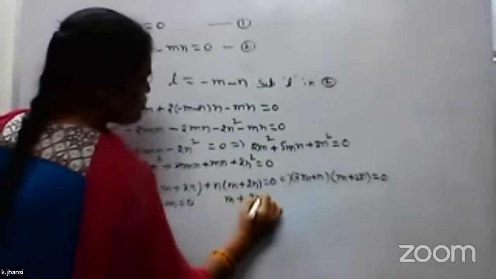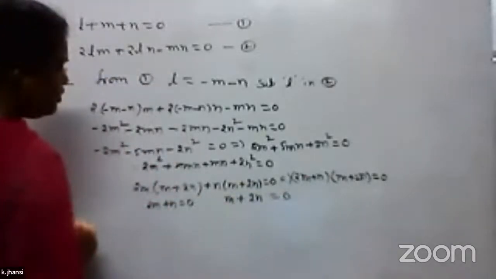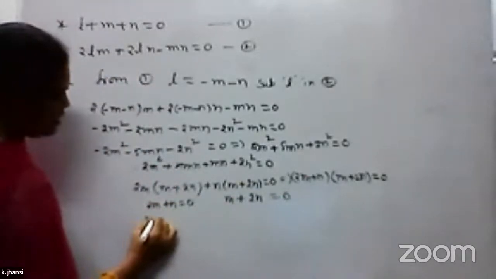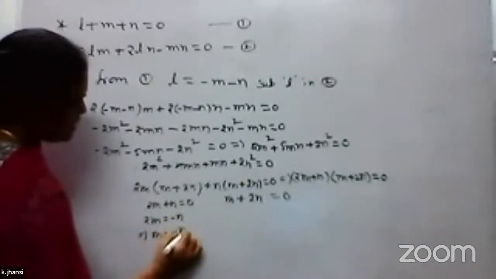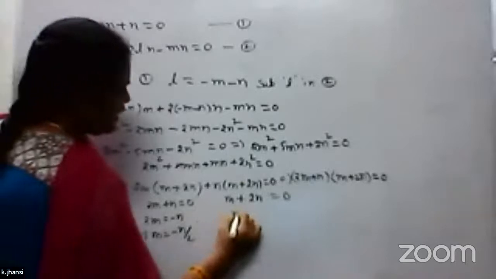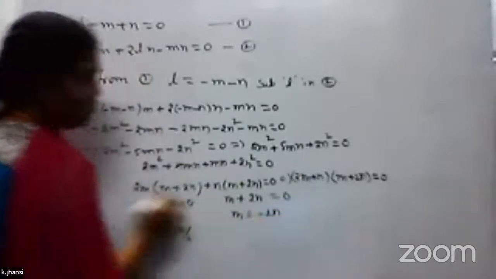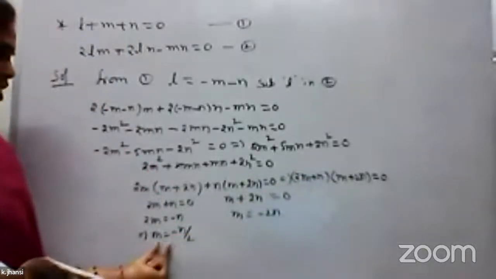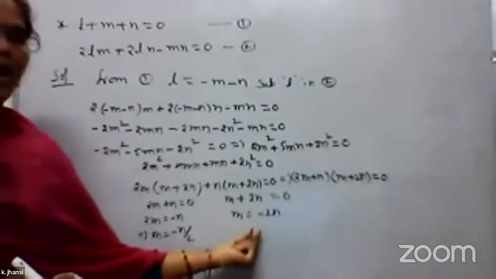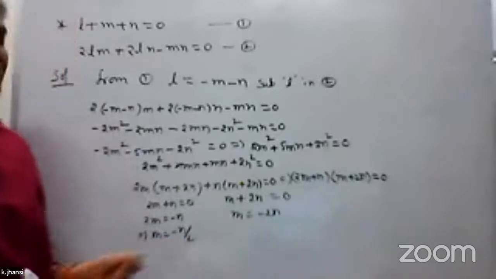Another one is m plus 2n equals to 0. So from this you will get 2m equals to minus n, implies m equals to minus n by 2, and here m equals to minus 2n. So for two factors, you will get two values. First value is m equals to minus n by 2, and second value is m equals to minus 2n.